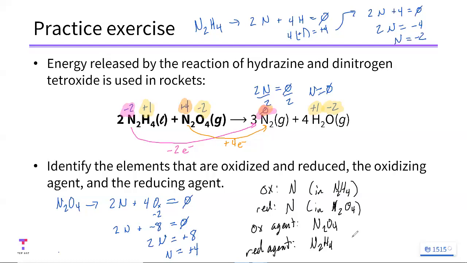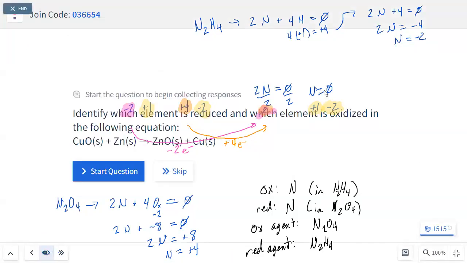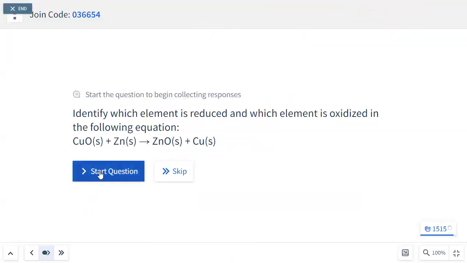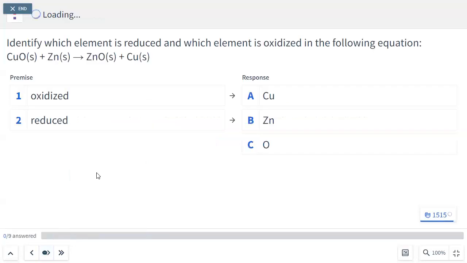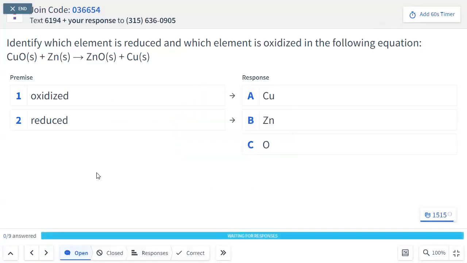Questions on this before I let you try something similar? Okay, so I'm going to give you a pair of questions here in Top Hat. Now, the good news is they are considerably simpler than the one that we just did.